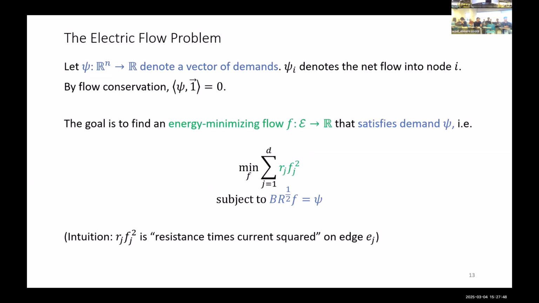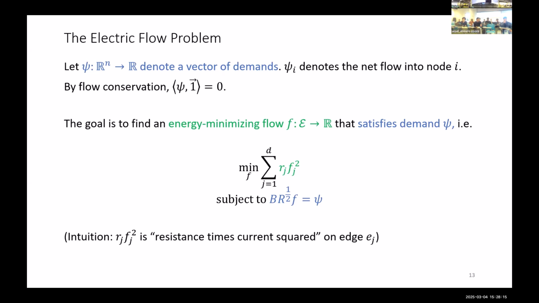The goal of electric flow is to find an energy minimizing flow. So a flow f assigns a flow value to every edge in the graph. And this is one reason why it's convenient to consider edges with orientation, because that tells us which direction the flow goes in. And so we want this flow to satisfy the demand psi.